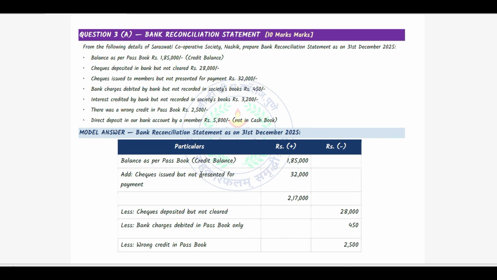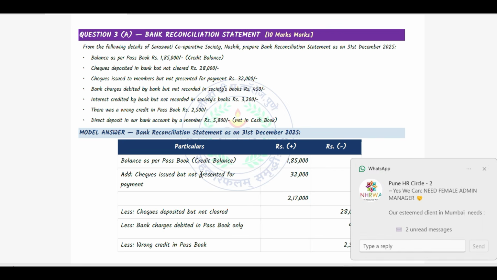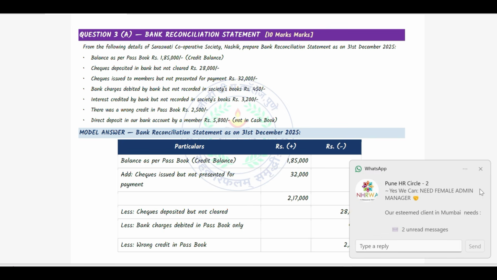From the following details of Saraswati Cooperative Society in Nasik, prepare a bank reconciliation statement as on 31st December 2025. Balance as per passbook is 1,85,000 rupees credit balance. Checks deposited in bank but not cleared, 28,000. Checks issued to members but not presented for payment, 32,000 rupees.